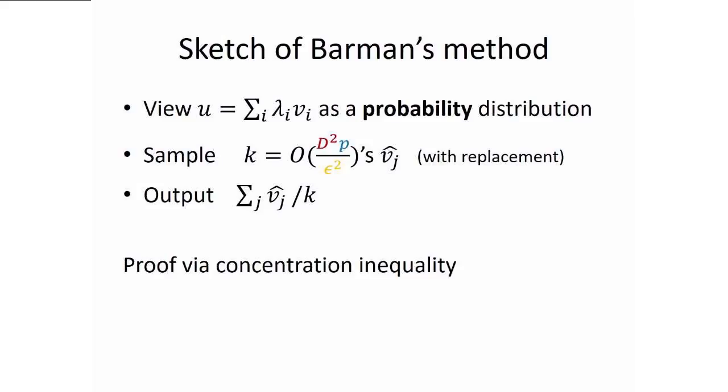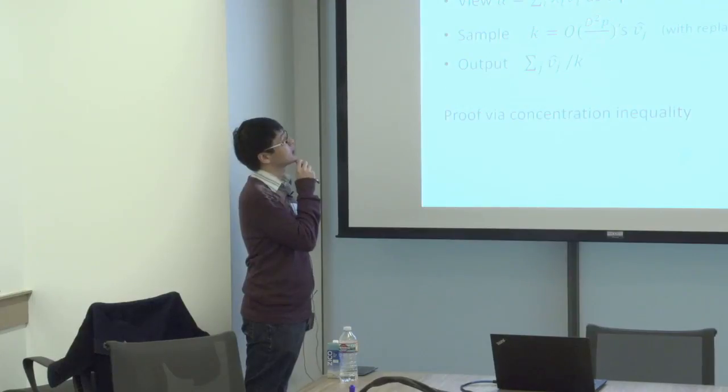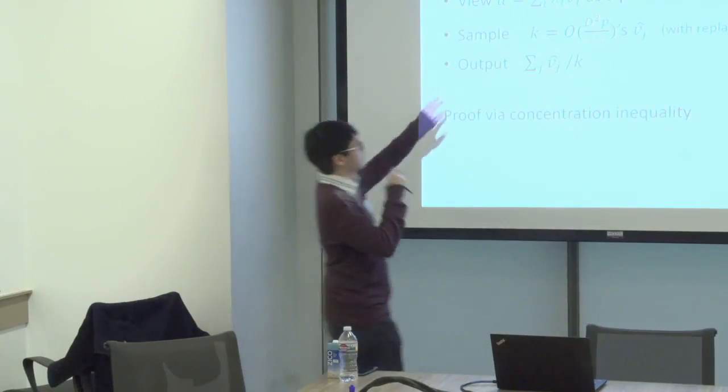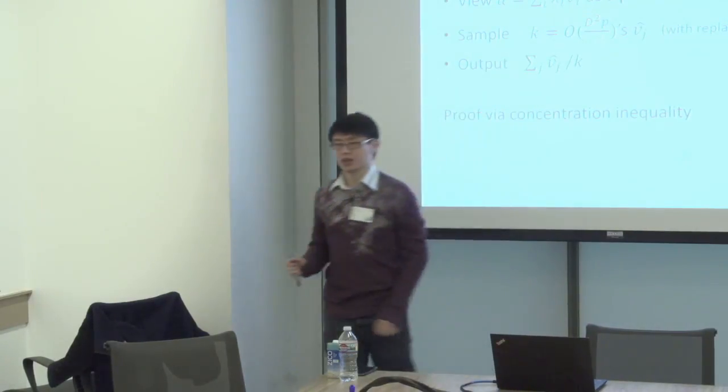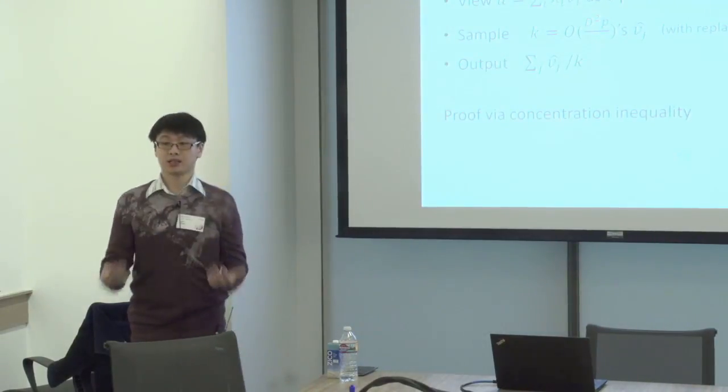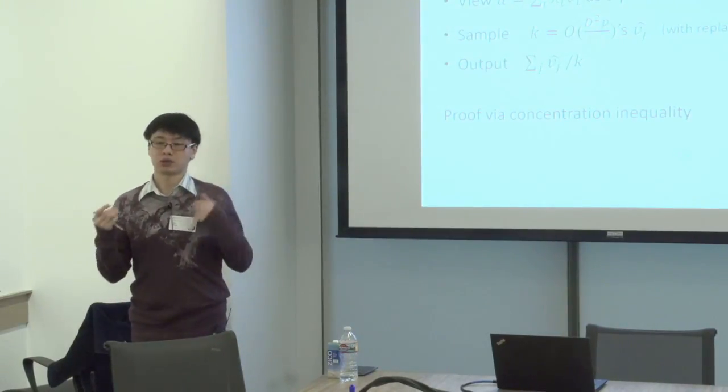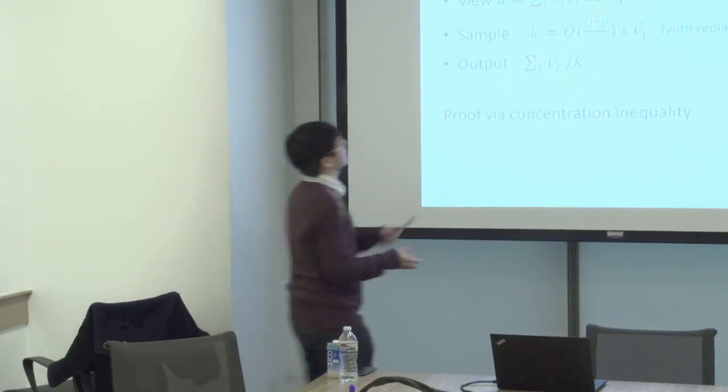So Bauman's proof or Maury's proof is very cute. Basically, you have the convex combination, and you just see it as a probability distribution.